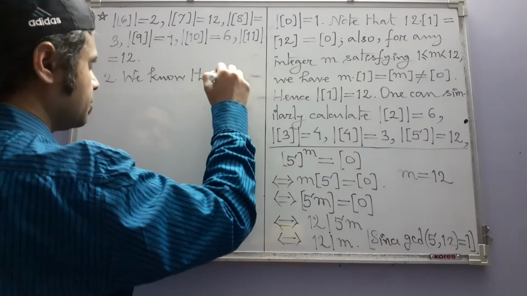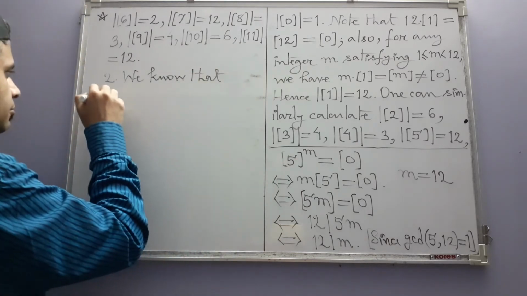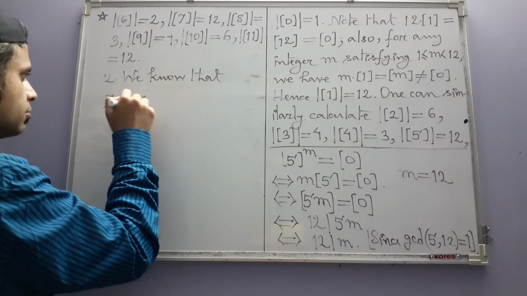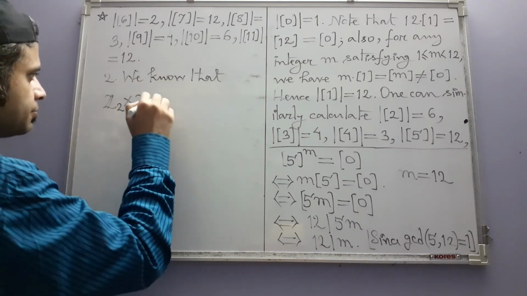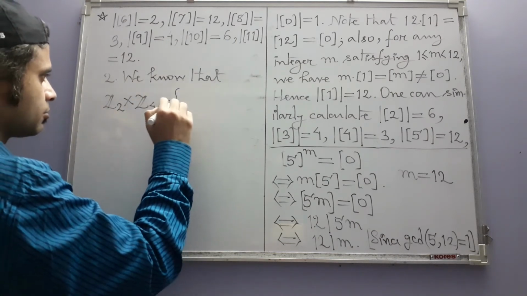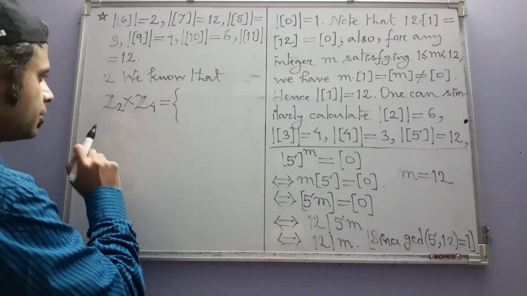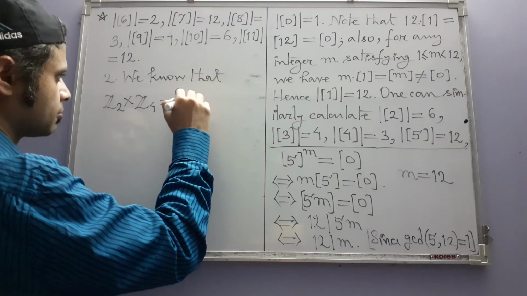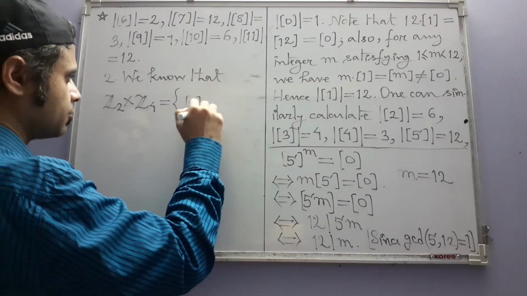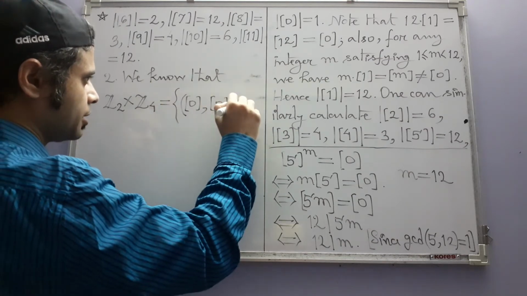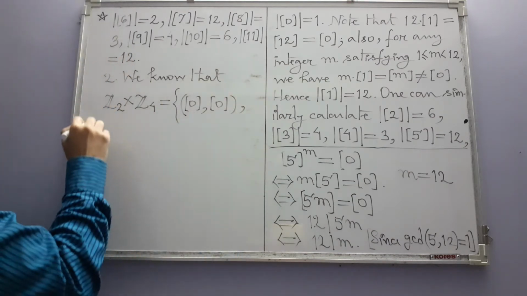This time we have Z2 cross Z4. So its elements are ordered pairs of group elements. And what I am now going to write, I have to explain the notation a little bit.